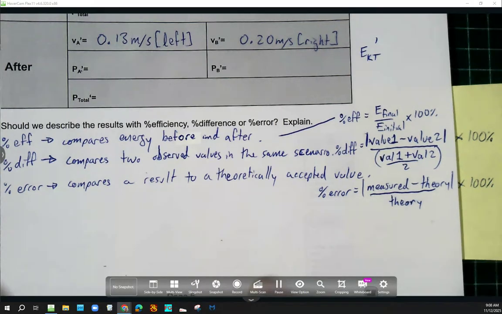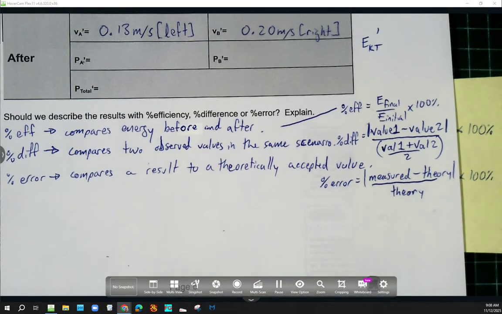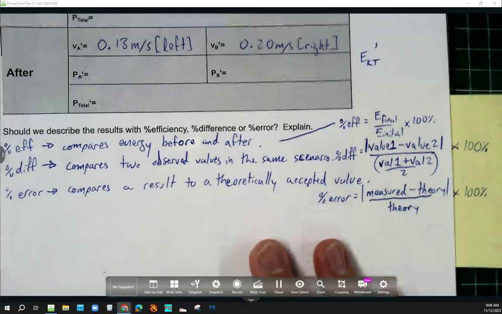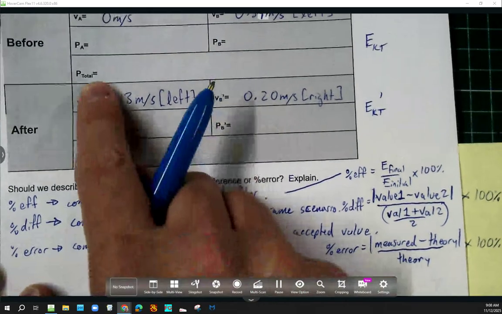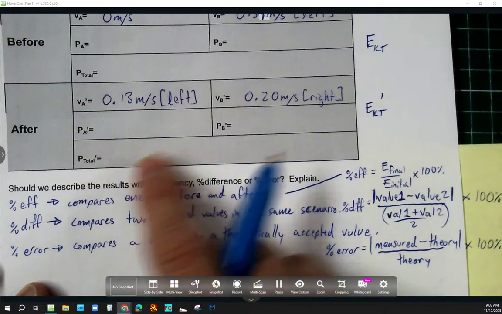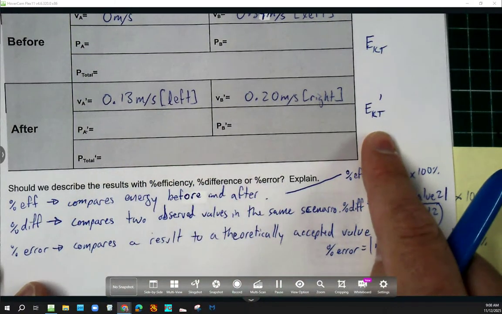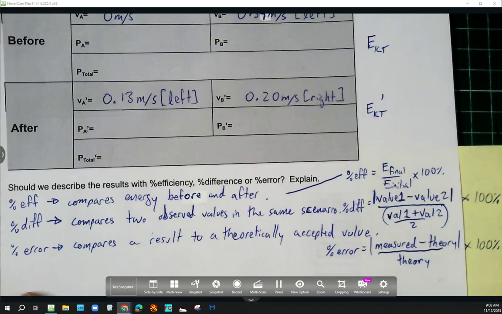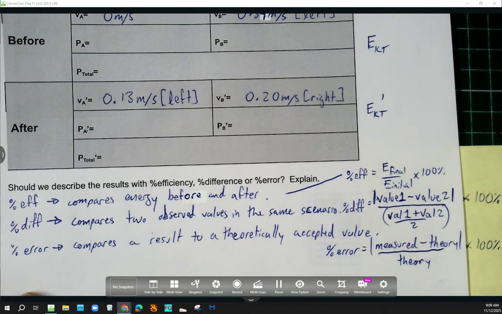Now what you have to decide is, when I look at these values, and you're going to have a momentum total and a momentum total primed, an EK total and EK total primed, I want you to go through the thought process. If you've done this experiment, in the post-discussion, how would you analyze it?